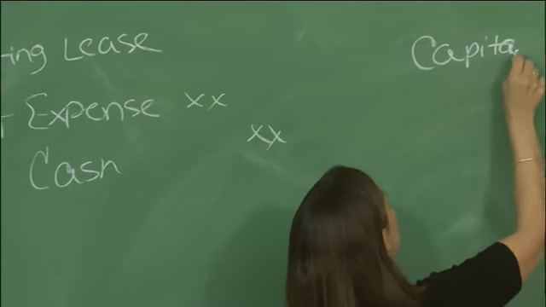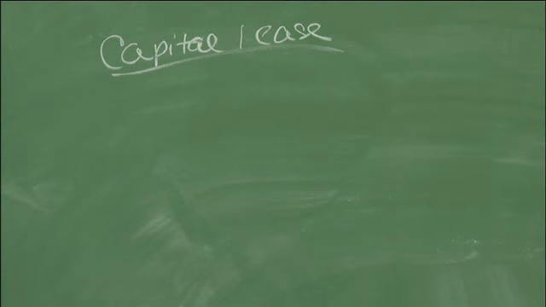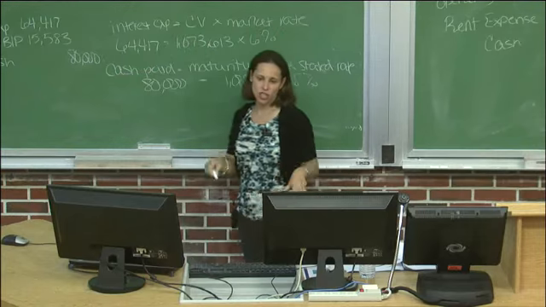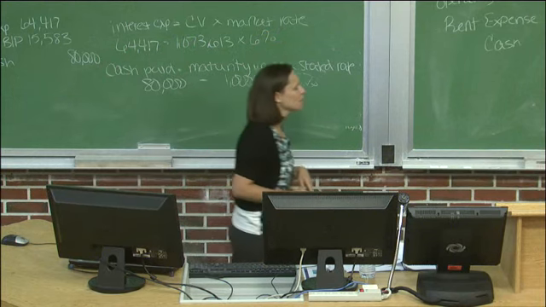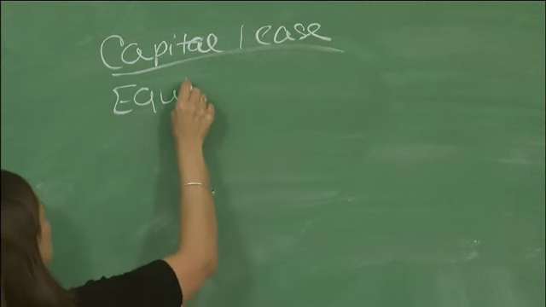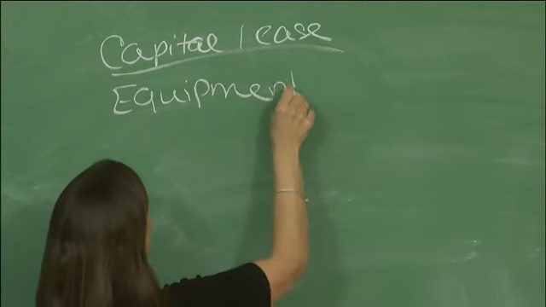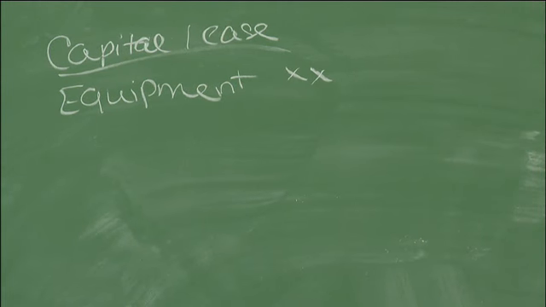What about a capital lease? Well, a capital lease, we say, is really essentially you're purchasing the asset and paying for it over time. So under a capital lease, let's say this is a piece of equipment. You put the asset, the equipment, on the books, and you'd credit the liability.